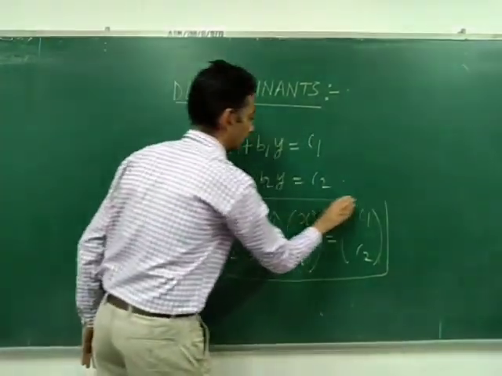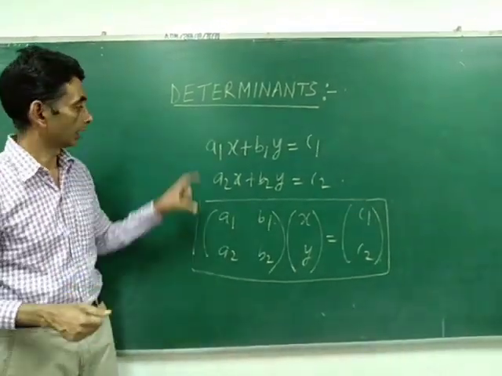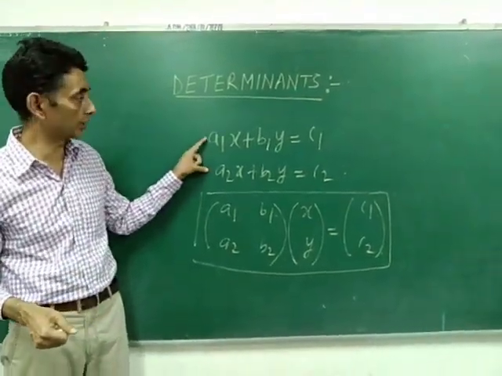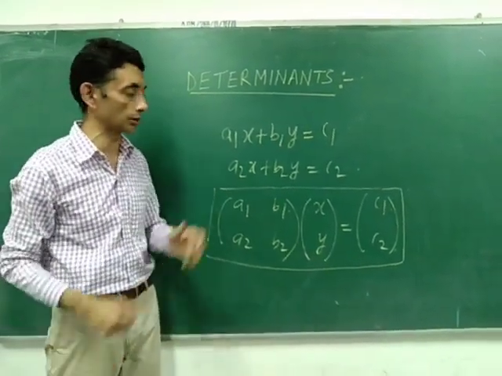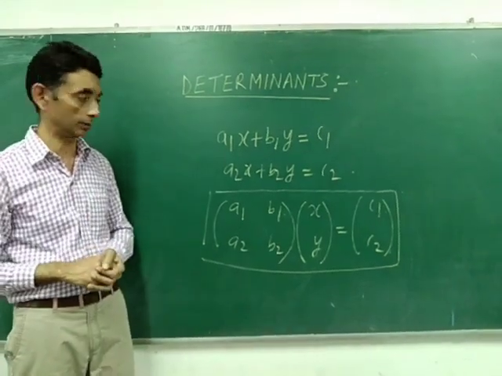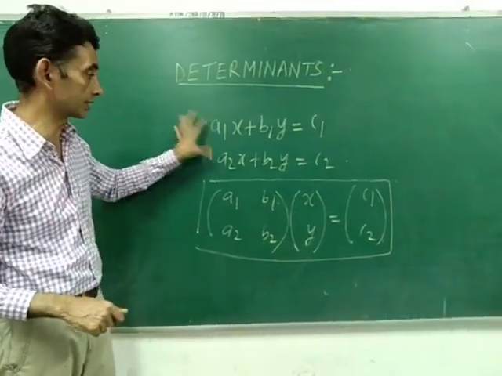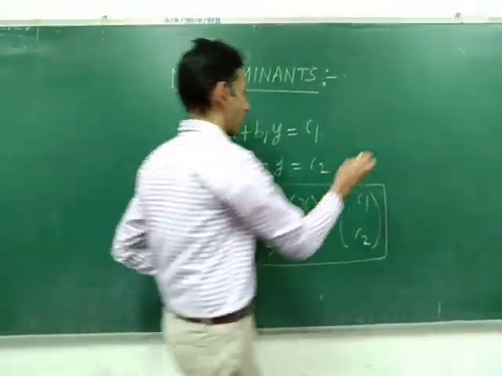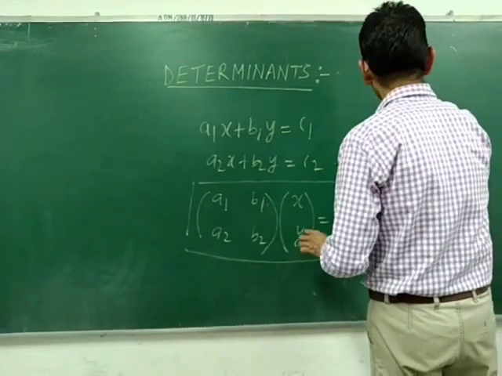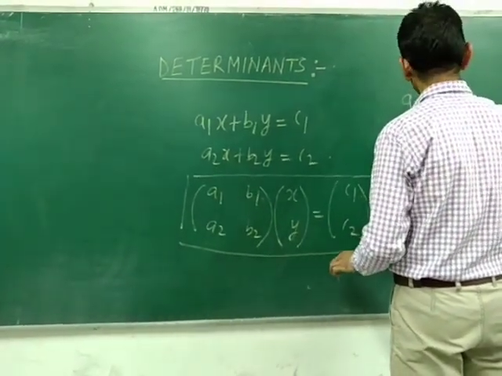Now, a very important question: uniqueness of this system of equations. That uniqueness of the solution depends on a particular term. What is that? We know that uniqueness of this system of equations depends on the term a1 b2 minus a2 b1.